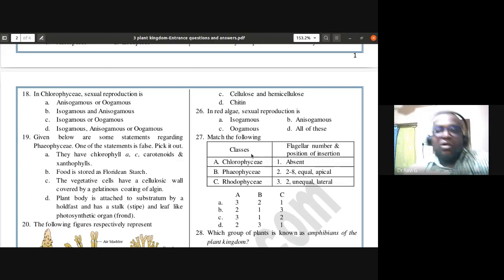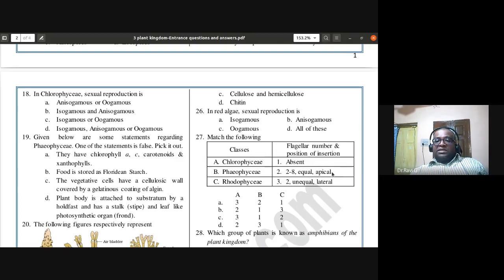Match the following. The classes Chlorophyceae and so on are in the first column, and flagellar number and position of insertion is the second column. So the 27th one, we have to identify the right choices. Chlorophyceae has 2 to 8 equal flagella, and they are apical in position.